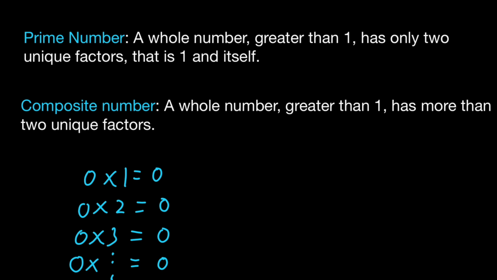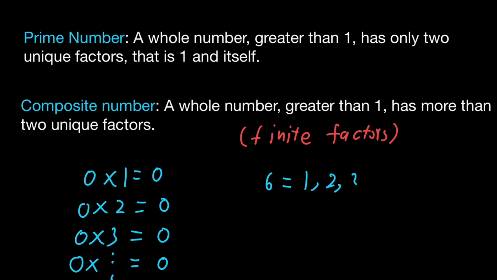But what about a composite number? It says has more than two unique factors, but one thing to point out is finite factors. So it must stop somewhere for the factors. Just like 6, which we just learned only has 4 factors: 1, 2, 3, and 6.